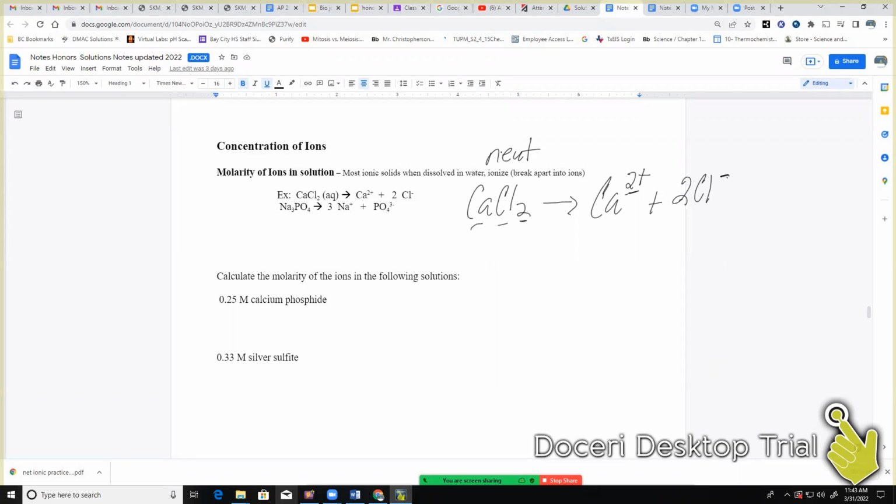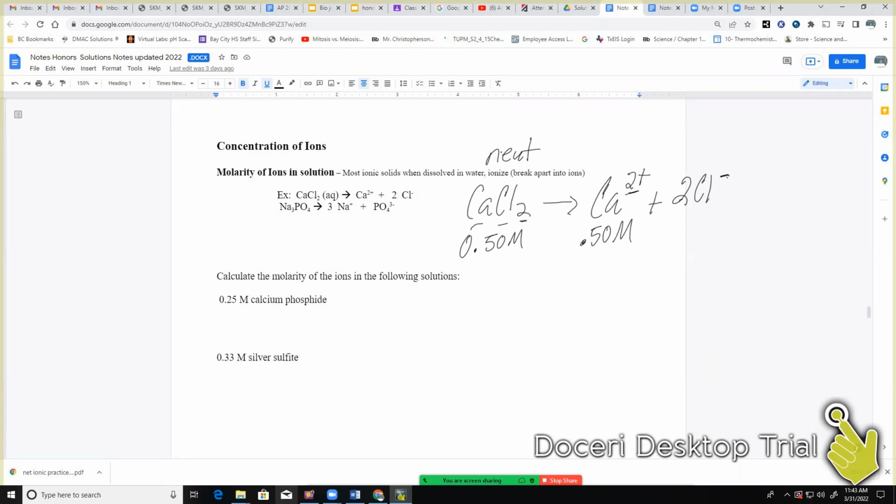So I'm just going to make up a number. Let's say that I told you this was 0.50 molar. And if it's a strong acid, strong base, an ionic compound, then if I know the strength of those, I can also know the strength of my ion. So if this is 0.50 molar, my calcium is also 0.50 molar because it does not have a coefficient.